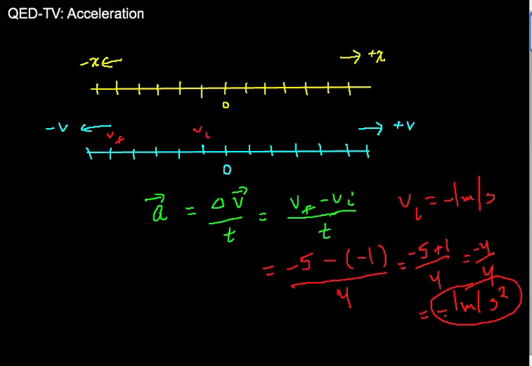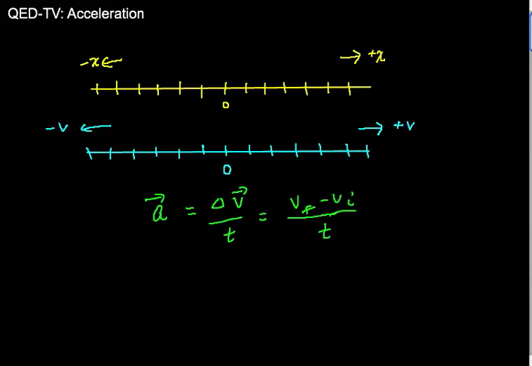So let's do an example of that. Let's say right here is our initial velocity, and our final velocity is right here. Okay, so let's figure this out.